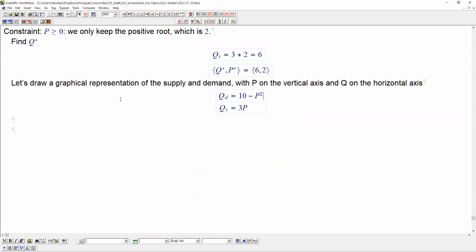So for the demand equation, let's pick 3 points. So let's see, pick P equals 0, 1 and 2. So P equals 0, Q equals 10.